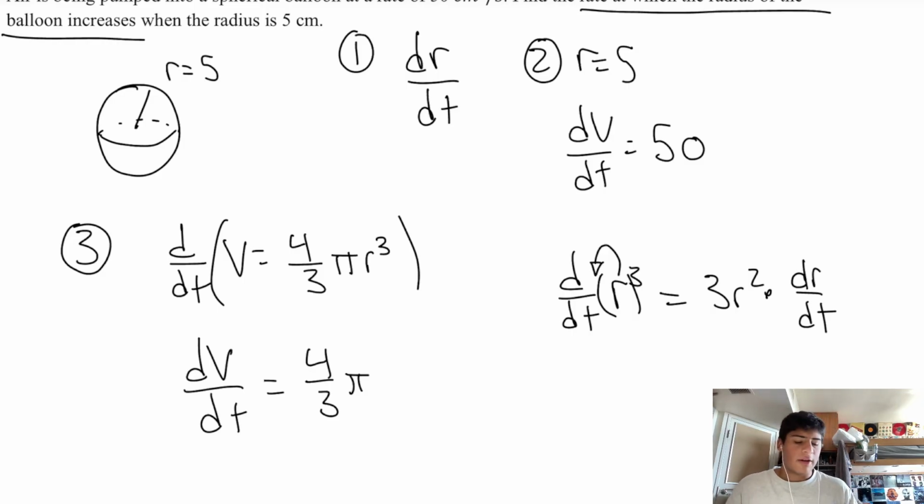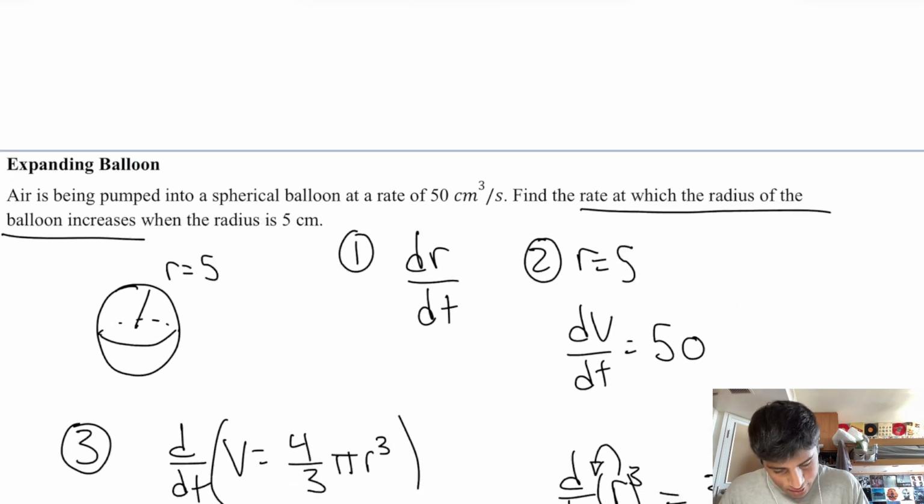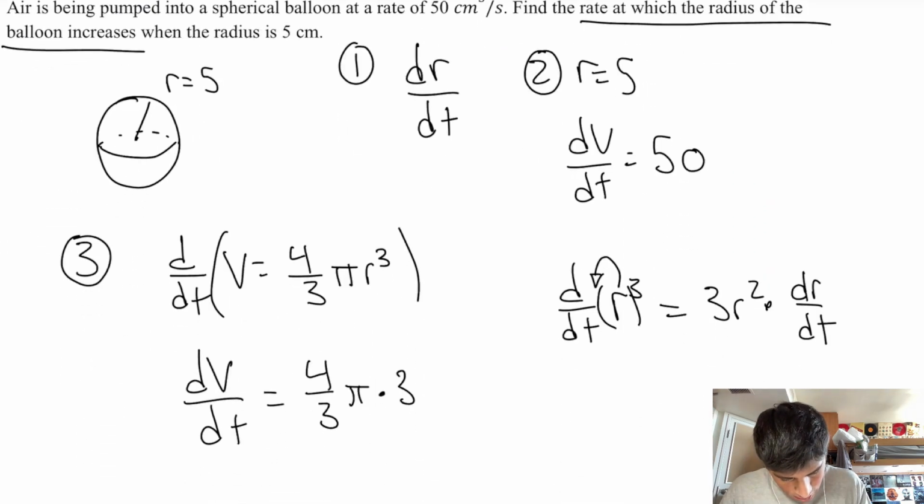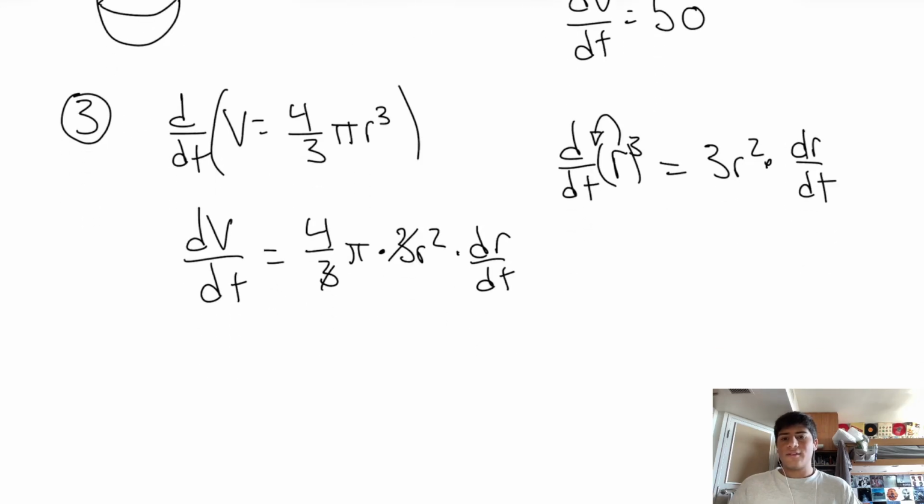Remember that if we were differentiating with respect to r, d over dr, we would get dr over dr, which is equal to 1. But since we're differentiating with respect to t, it's not equal to 1, and we just leave it like that. So times 3r squared times dr over dt, and we can see that our 3's cancel out, which is nice.